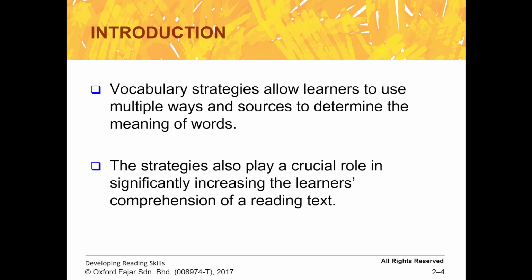Whenever you read a text with unfamiliar words, you might not be able to understand the text better. But if you find out the meaning of the words, then you will be able to get a better comprehension of the text. It means that you can understand the text better. It flows well when you understand the words, compared to when you don't understand the words.